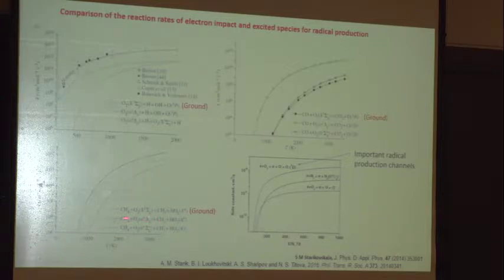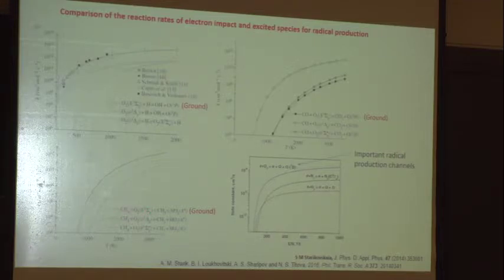And the second thing is the methane plus oxygen reaction. This is the ground state reaction in GRI, or the chemical kinetics. But what if that oxygen is singlet oxygen, and you generate this reaction rate? This reaction rate, again, is about 1 order of magnitude higher than the chain initiation reaction by the ground state of oxygen.